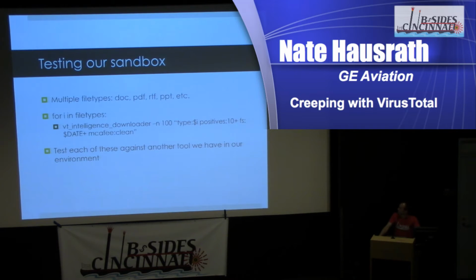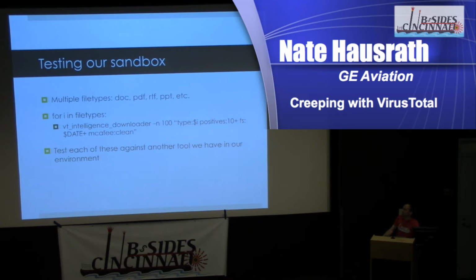This needs a little explanation. The VT Intelligence Downloader is a little Python script that I'll talk about in more depth in a minute. It's provided by VirusTotal to help you download files. It's very handy. You specify n equals 100, so I want 100 of each of these.